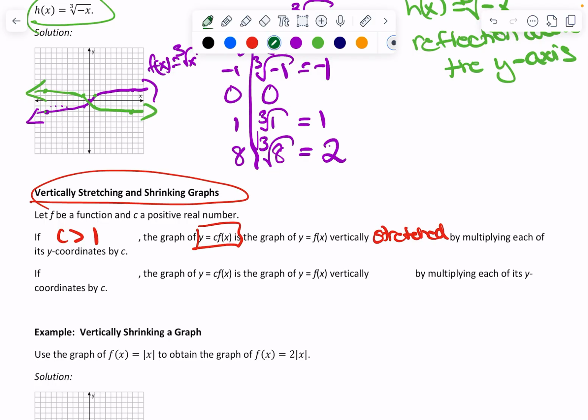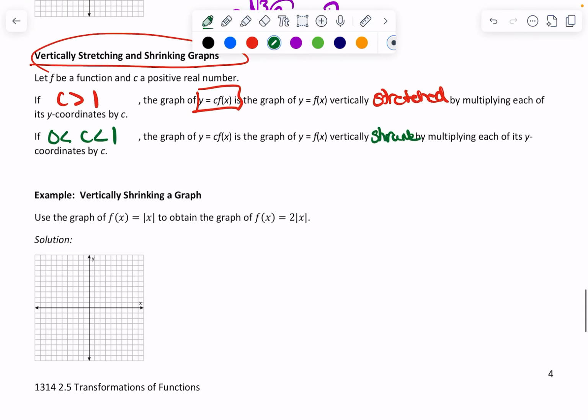Now, if c is between 0 and 1, so that means a decimal or a fraction, the graph is going to be vertically shrunk by multiplying each of its y coordinates by c.